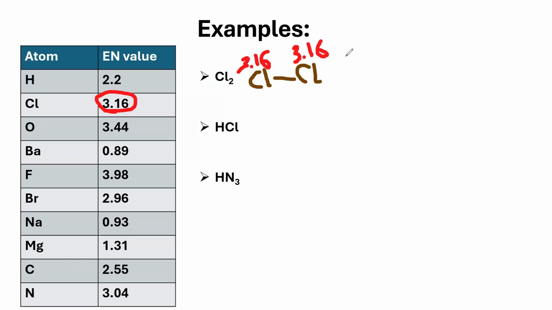Then the electronegativity difference equals the electronegativity of the first atom minus the electronegativity of the second atom.